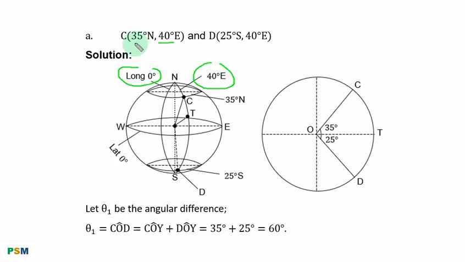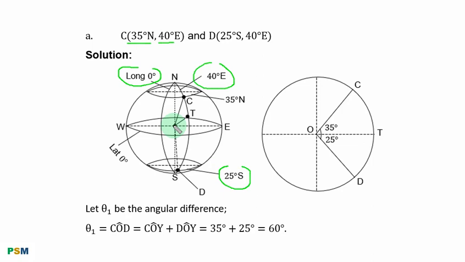We have two latitudes on different sides of the equator. So you draw 35 degrees north in the upper part of the equator and 25 degrees south in the lower part.